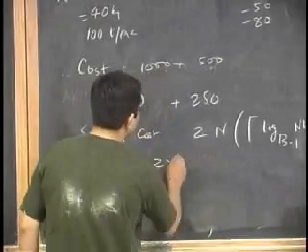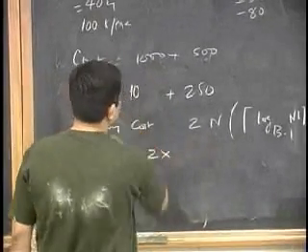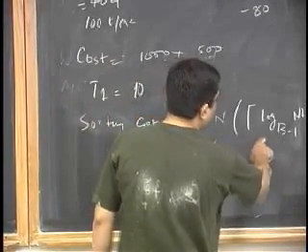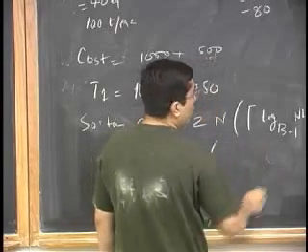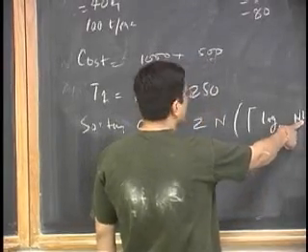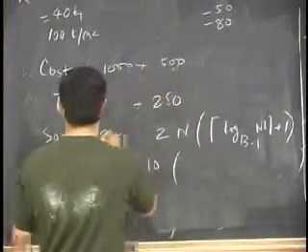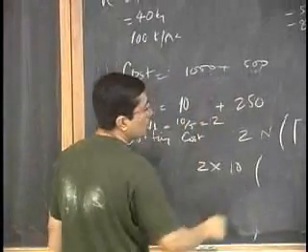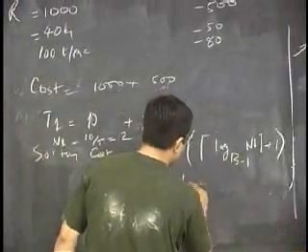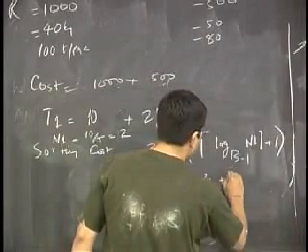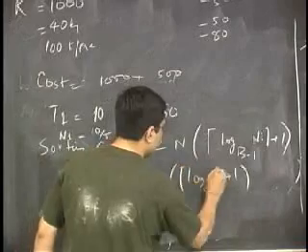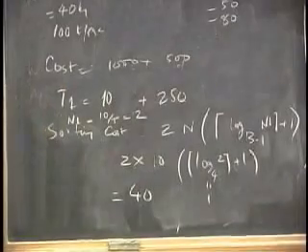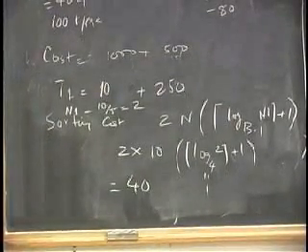So our 2 times N is going to be for this 10, and log B minus 1 would be log base 4. N1 equal to, for this case, 10 over 5, that is equal to 2. So this becomes 1. So we get log base 4 of 2, plus 1, that is equal to 1. So we get 40 pages. How many buffers did we say we've got? 5. Okay.